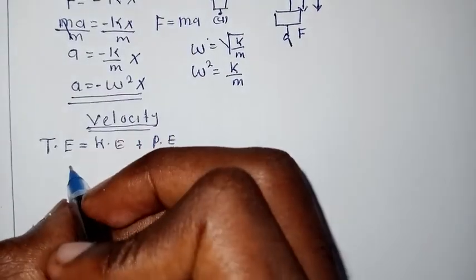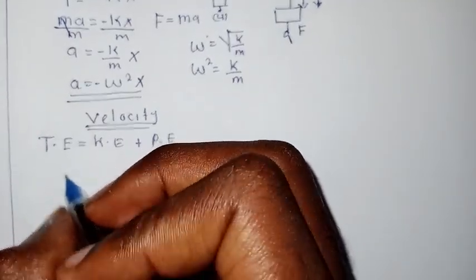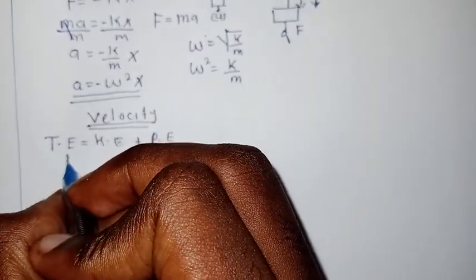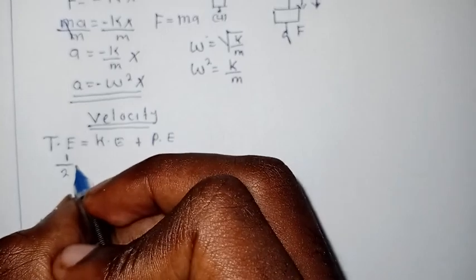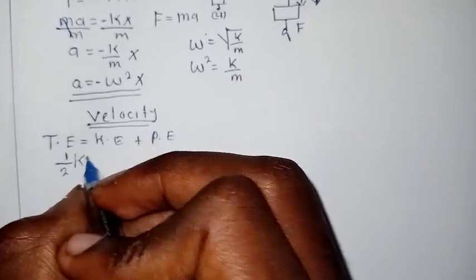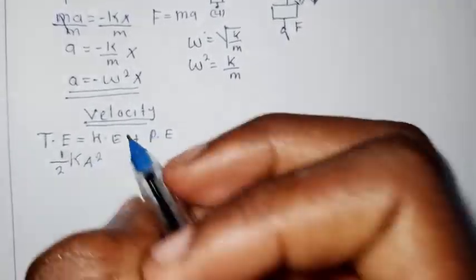Like that. Then from here, we say that this is simply 1 over 2 k a squared.